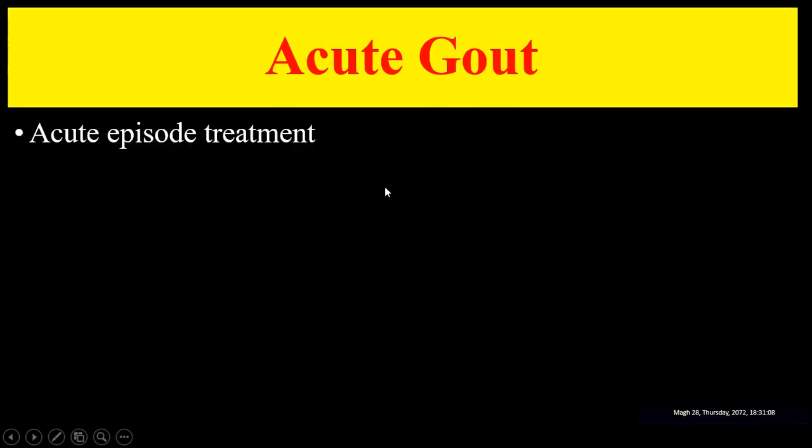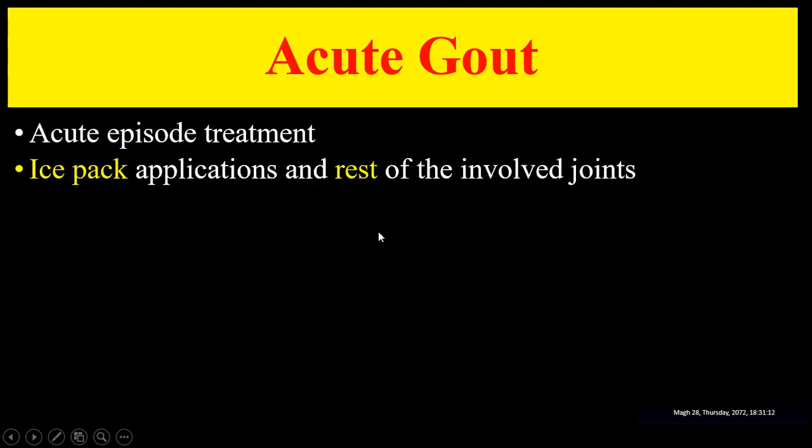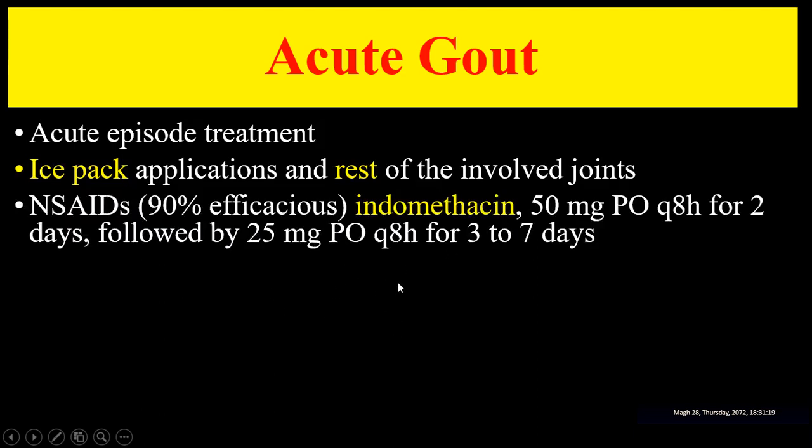Now, acute gout. The acute episode has to be treated with ice packs and rest, symptomatic or non-pharmacological treatment. And these days we use indomethacin, which is one of the NSAIDs, and it is 90% efficacious.